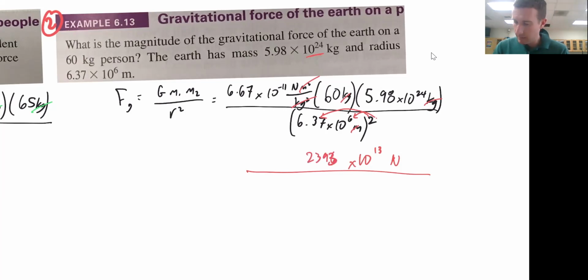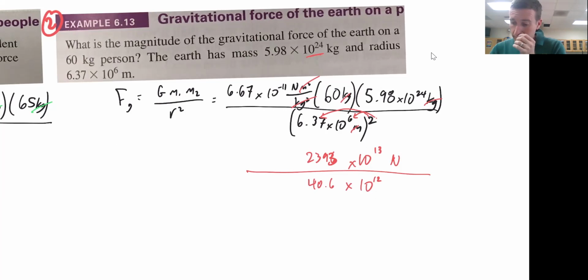Then on the bottom, 6.37 squared is 40.6 times 10 to the 12th, because 6 times 2.